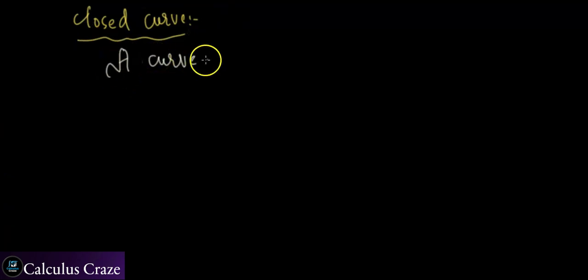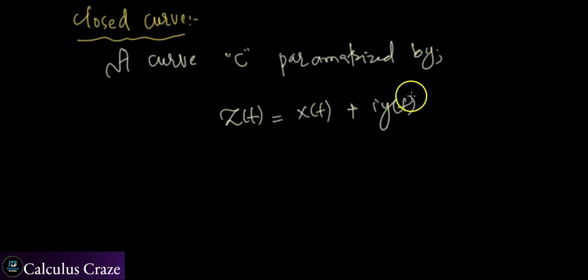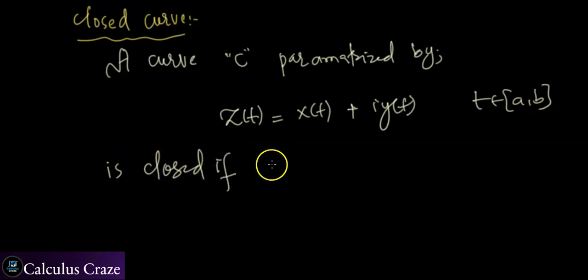There is another notion which is the closed curve. So we can simply define what we mean by a closed curve. A curve C, parameterized by z of t equals x of t plus i times y of t for t in the interval a to b, is closed if z of a coincides with z of b.